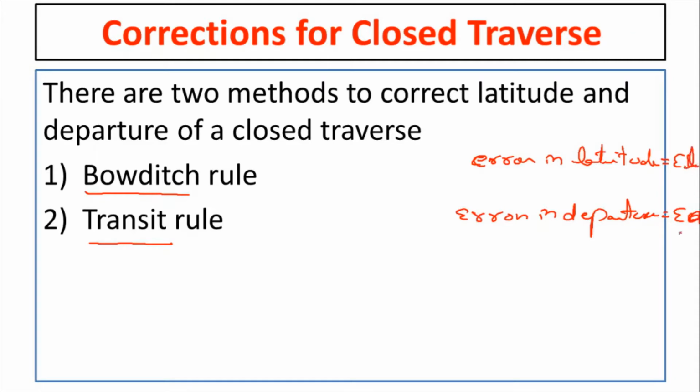Okay, so now in this video we are going to see how to apply the corrections for the error you have obtained. Now I told that whenever the error is positive, correction will be negative.